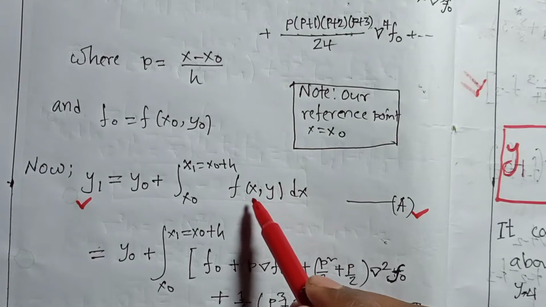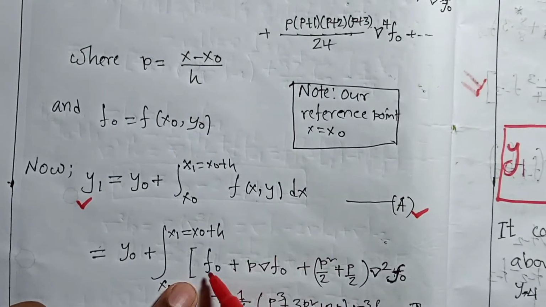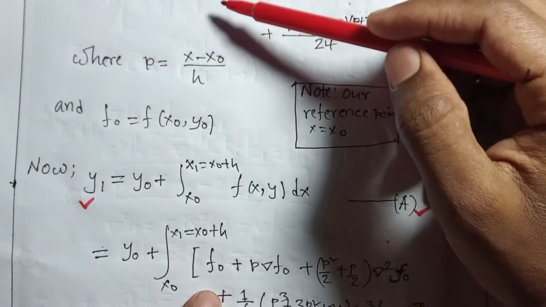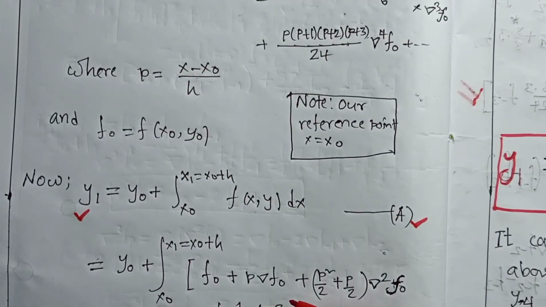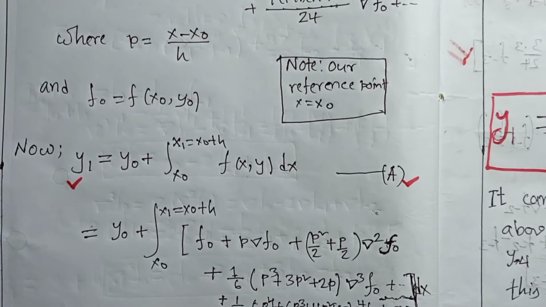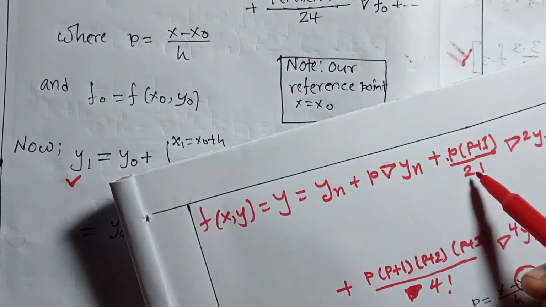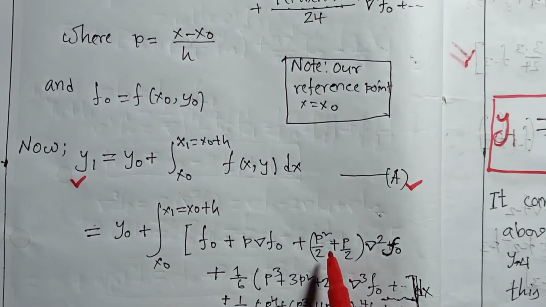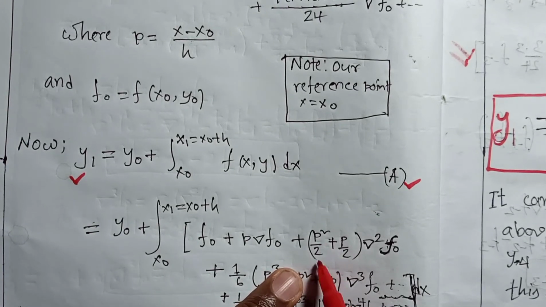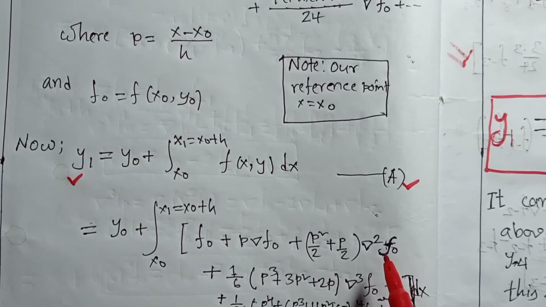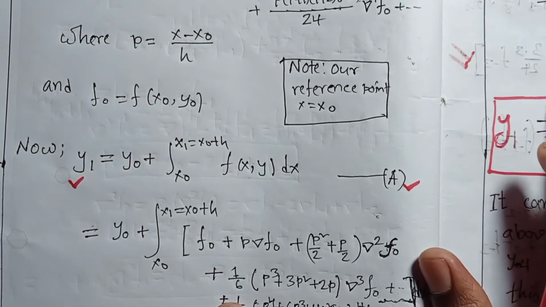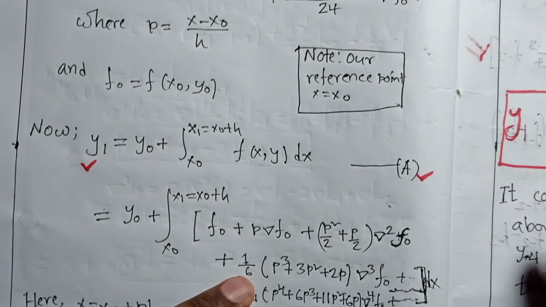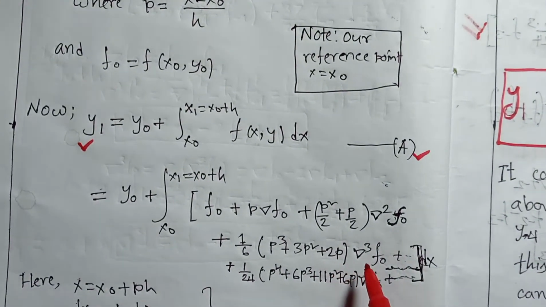Now we substitute this in that and we get y1 equals y0 plus the integral of f0 plus p nabla f0 plus p(p+1)/2 factorial, which is nothing but (p squared plus p)/2, nabla squared f0. And p(p+1)(p+2) can be written as p cubed plus 3p squared plus 2p, times nabla cubed f0.